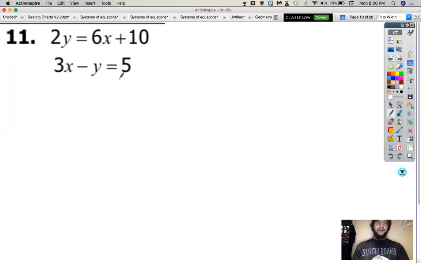I'm going to add y to both sides and subtract 5. So it's going to be 3x plus 5. Oh, no. Let's take a second. Let's write down what we're doing so we don't screw up.